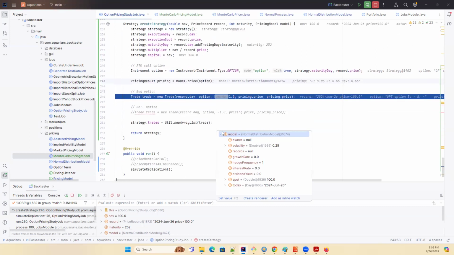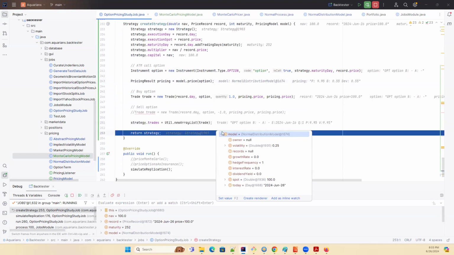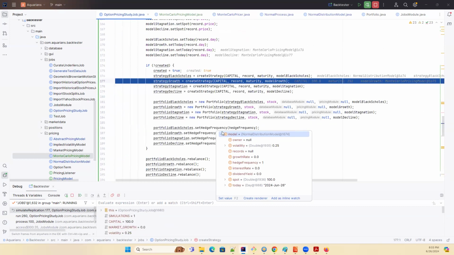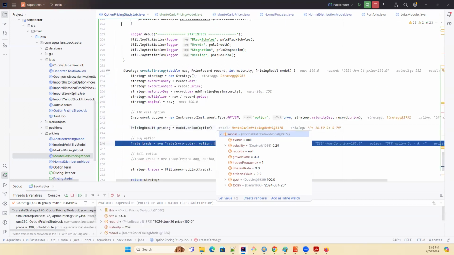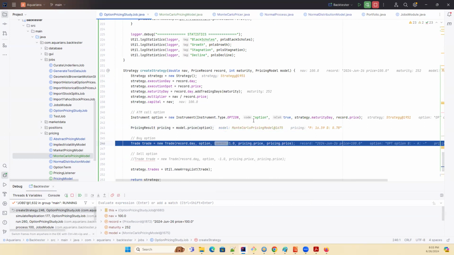So essentially we have bought an option priced using the Black-Scholes pricer, and let's see if we use a pricer that takes into account the growth rate of 0.1. The price is higher, it's 16, so it's different from Black-Scholes. And the delta is again different, because it should be around 0.5.